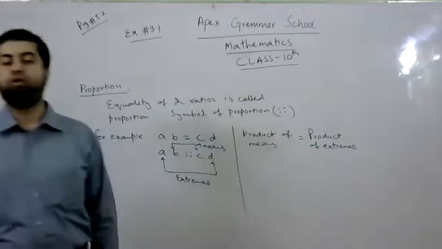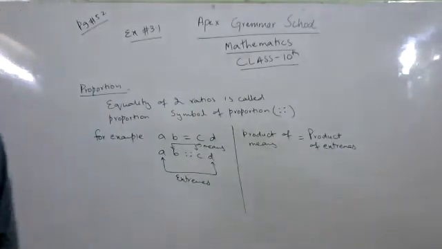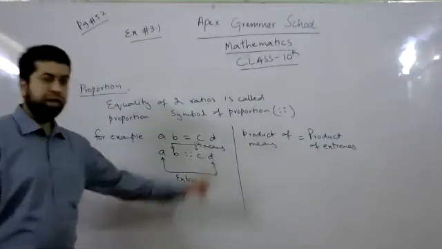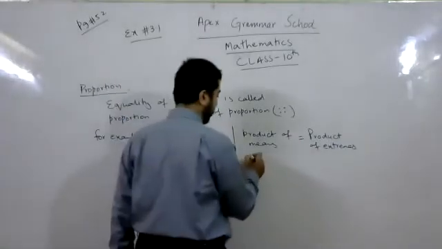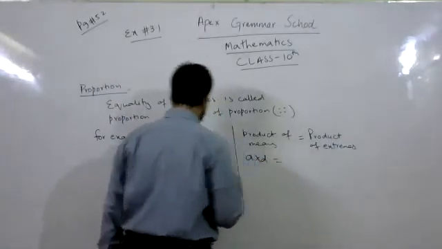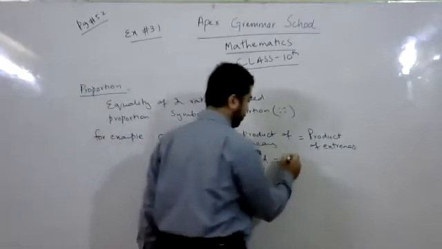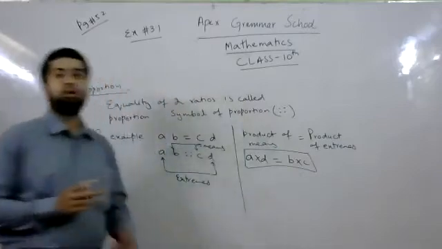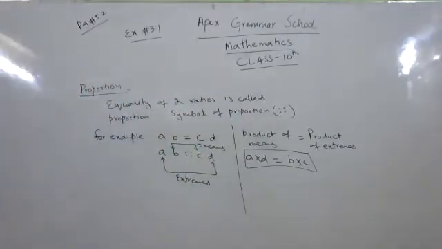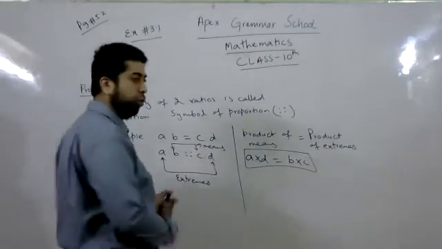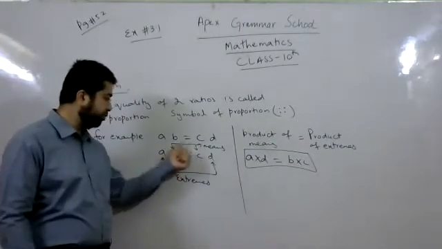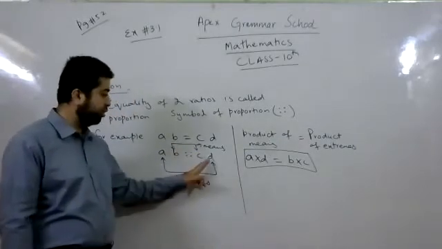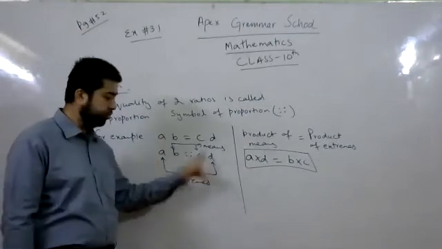That means A multiplied by D is equal to B multiplied by C. You need to know this formula: within a proportion, the product of means is always equal to the product of extremes. Product of means are the middle values and product of extremes are the outer values.